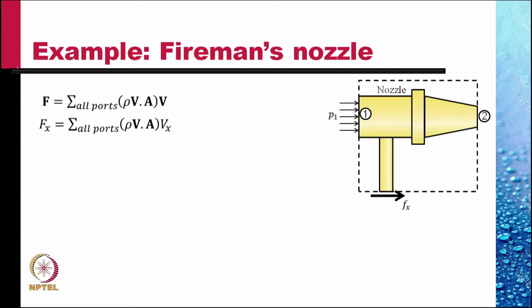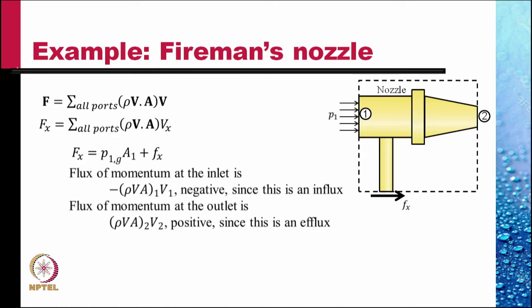So, the equation in the x direction would be: the total external force is equal to the total net efflux of x momentum, because this is steady flow, so there is no rate of accumulation.